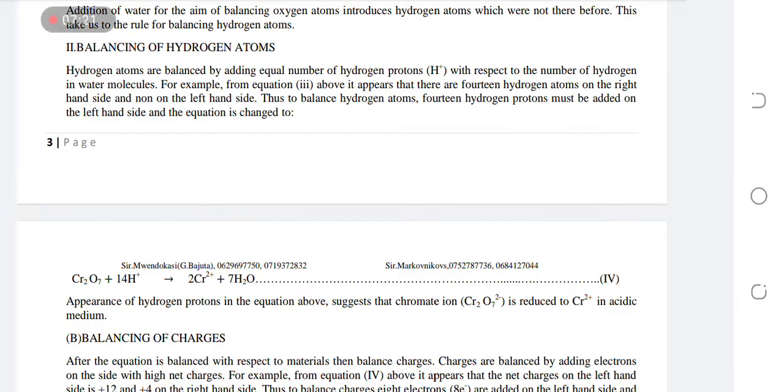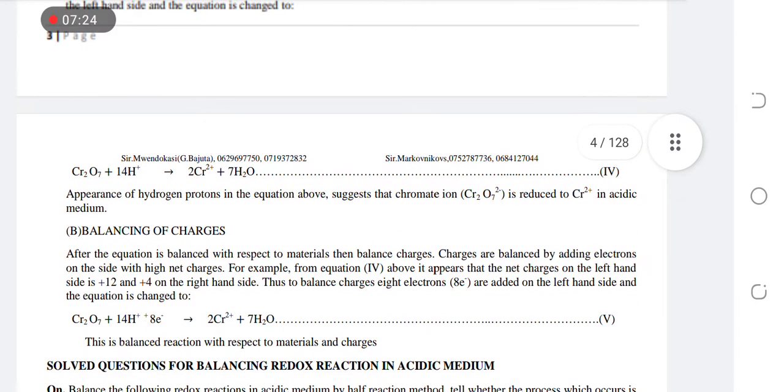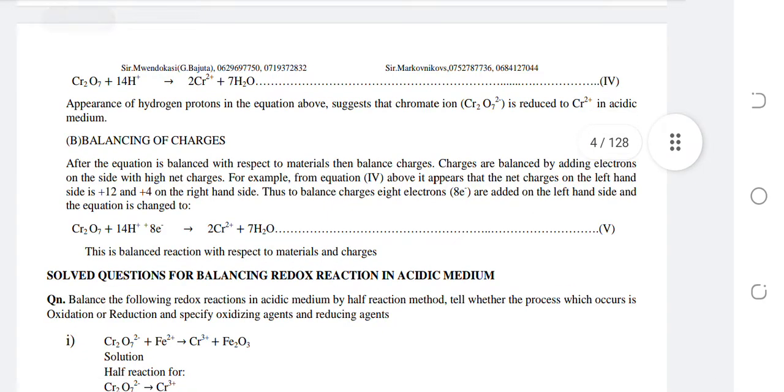As you see, in our equation there, you see 14 hydrogen protons in the reactant side and 14 hydrogen from water molecules in the product side. And as you see there, how the reaction appears.